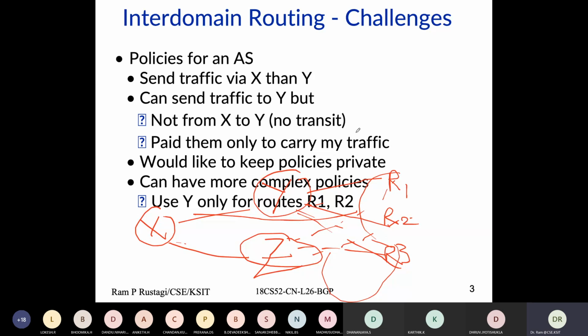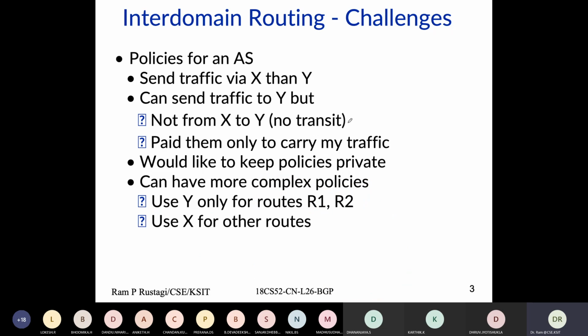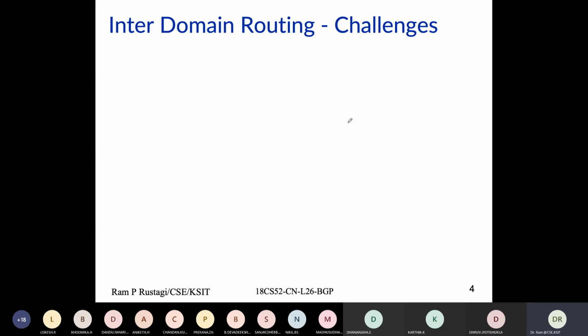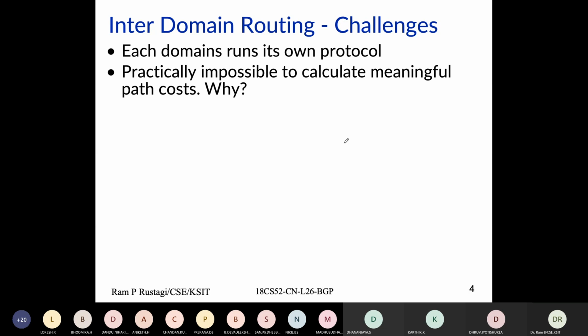And this kind of decision making is defined by policy and could be any complicated. We could define what needs to be done. I could say what routes I may advertise, may not advertise. And these are the issues that are not addressed by intra-AS routing such as OSPF.